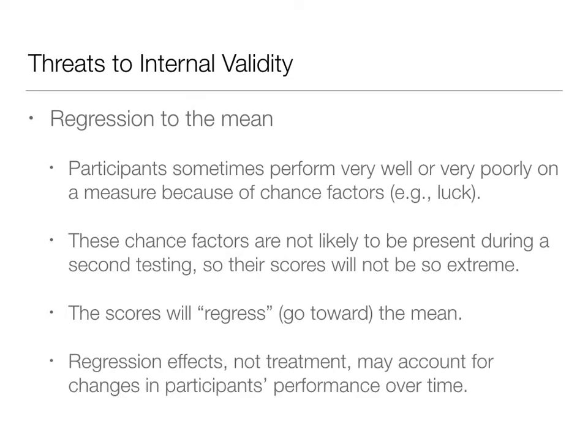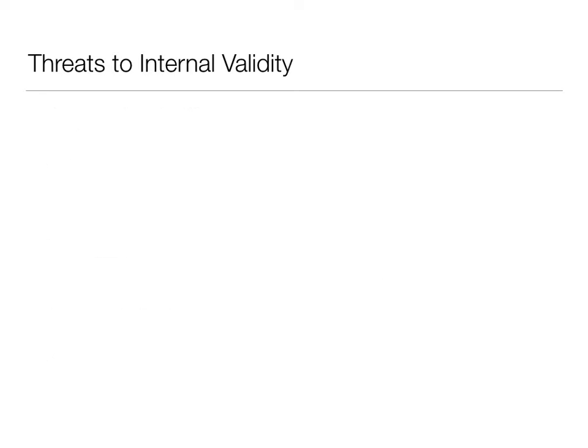And so this is accounting for the participants' changes over time, and it's not the treatment at all. It's just that we started out with really extreme scores, whether they're extremely low or extremely high. If you have really, really high scores, they don't have any place to go but down. If you have really, really low scores, they don't have any place to go but up. And so it may not be your treatment effect. It may be this regression towards the mean.